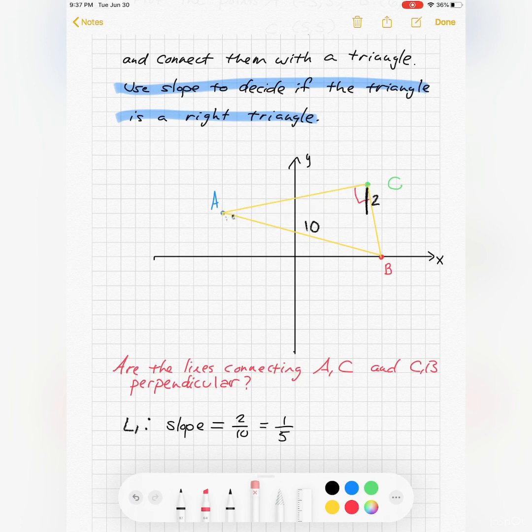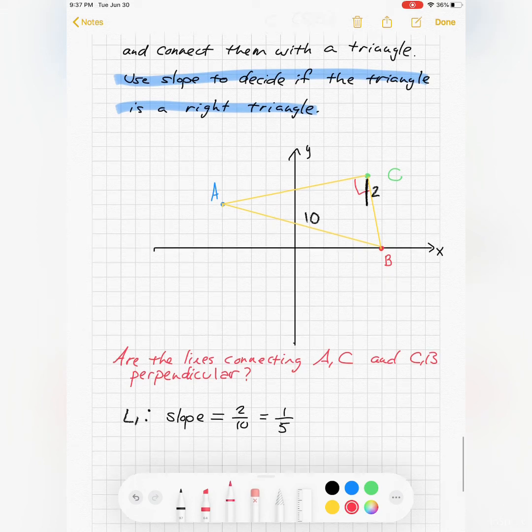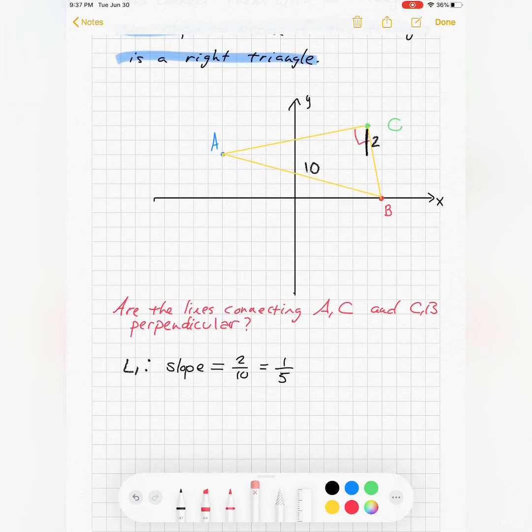Okay. So now let me look at the other line. Let's call the other one line 2. And let's look at its slope. So this one.